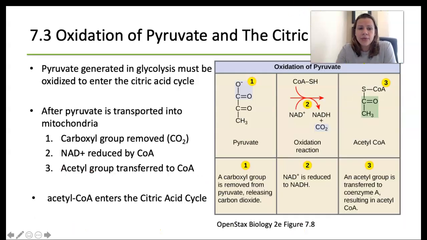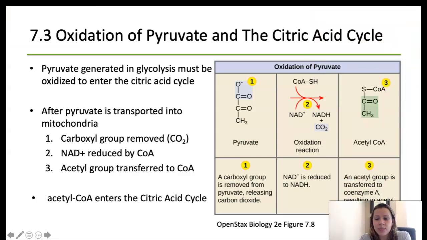Now that pyruvate is going to need to be prepared for entry into the citric acid cycle. So it gets oxidized in order to enter the citric acid cycle. So we have a big rearrangement of molecules going on here. Pyruvate has this carboxyl group on the end, and carboxyl groups, remember, have 2 oxygens and 1 carbon.